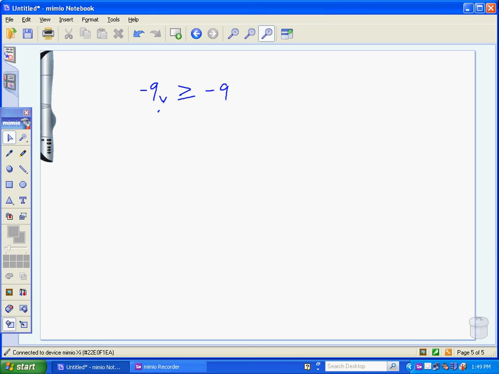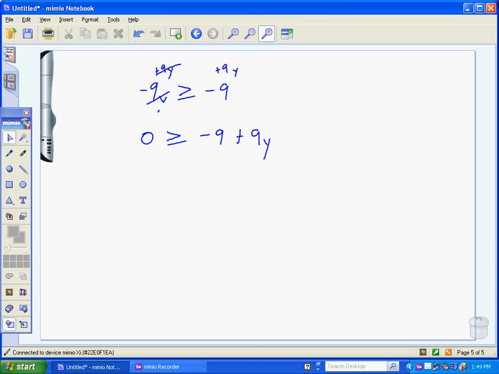No, not at all. But we don't like negative values. So I'm going to make everything positive without dividing by a negative. I'm going to add this negative 9y over to the right-hand side, and that cancels there. So now this says 0 is greater than or equal to negative 9 plus 9y.